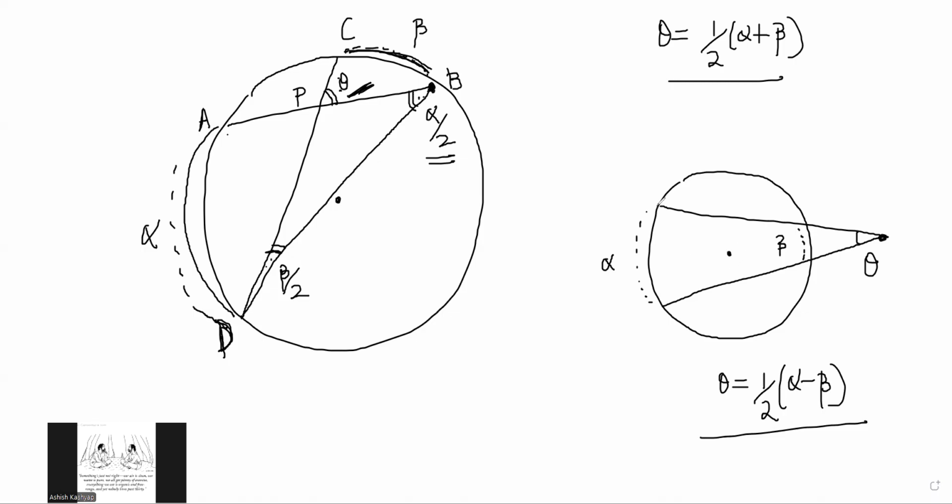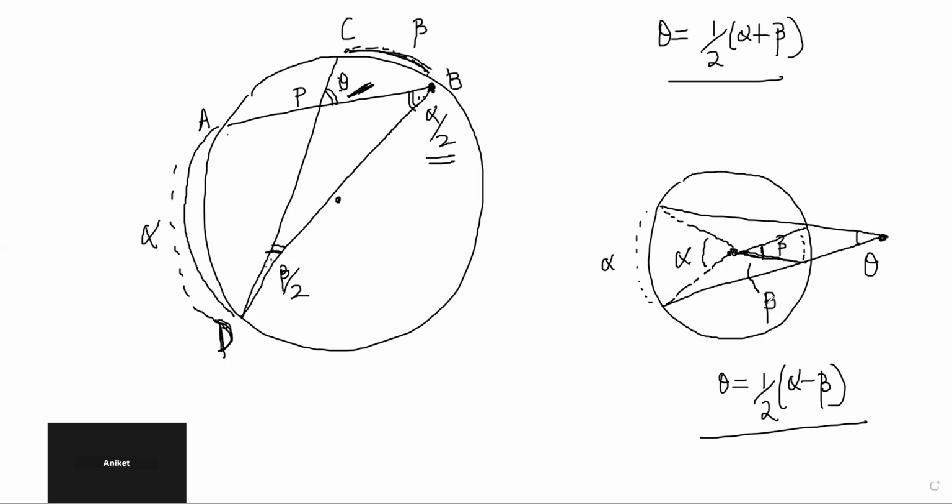So basically, if this is alpha, I know that this angle is alpha. This much is alpha, right? And I know that this angle is beta, right? I need to find this angle.